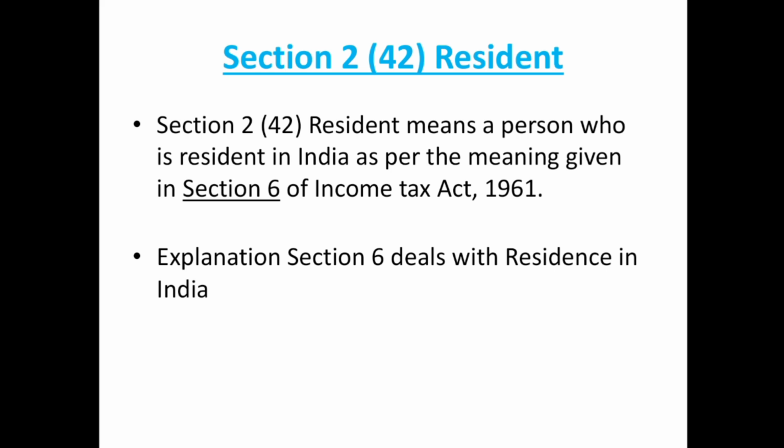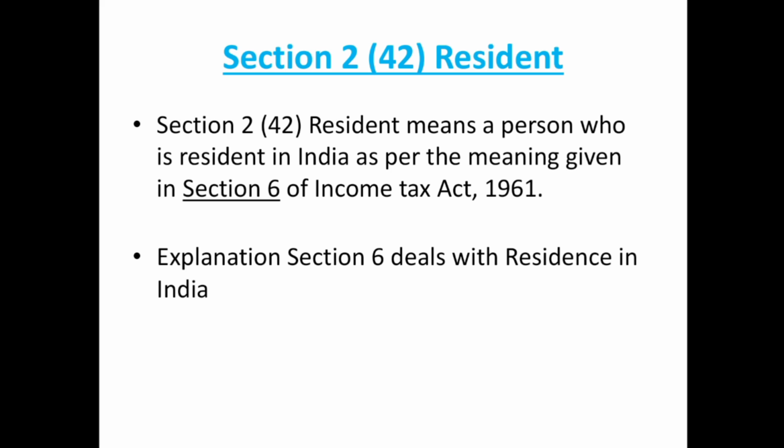is as per the provisions of Section 6, wherein individuals or Hindu undivided families are classified as resident or non-resident, and under the definition of resident, the individual or Hindu undivided family is classified as resident and ordinarily resident, and second, resident but not ordinarily resident.